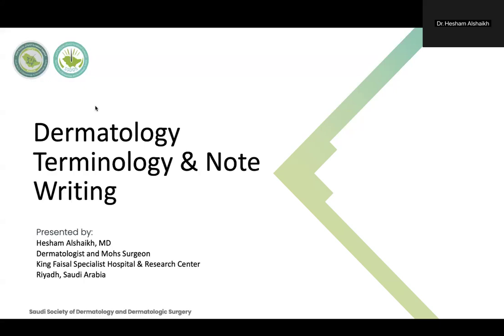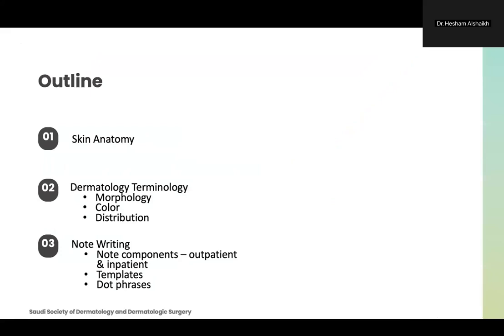The things I'll be talking about mainly, we'll first start with skin anatomy and then dermatology terminology, and I'll be focusing on three main components: morphology, color, and distribution. Those are the main components.